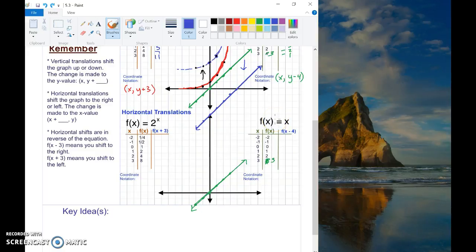And now I want to know what happens when I translate my equation 4 to the right. So let's go ahead and plot these points.